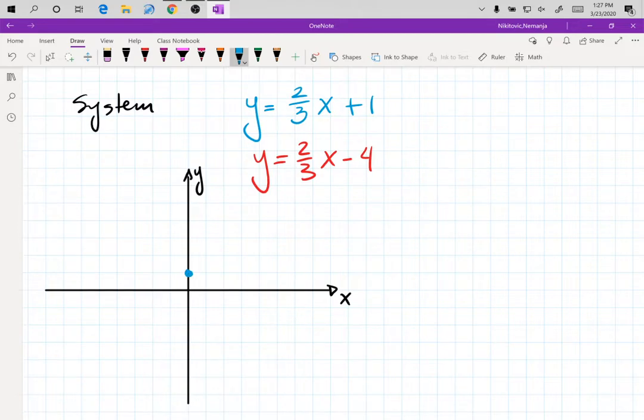We go 2 up, 3 over. And we draw our blue line. The line is going to go forever.